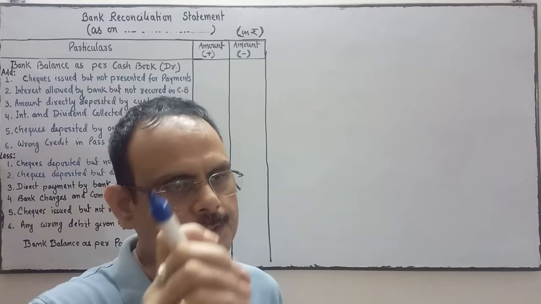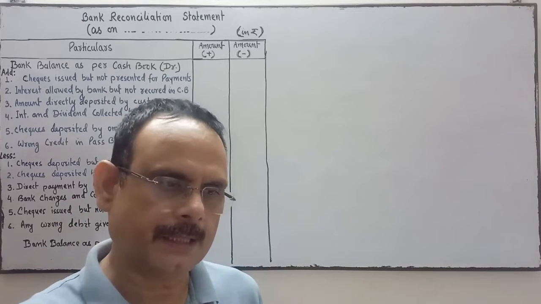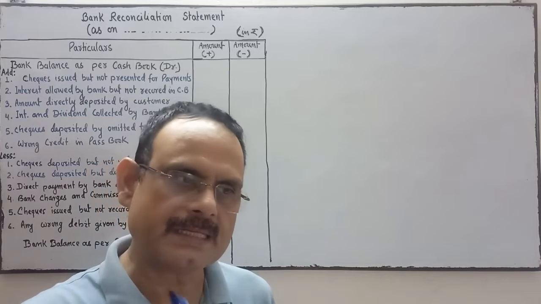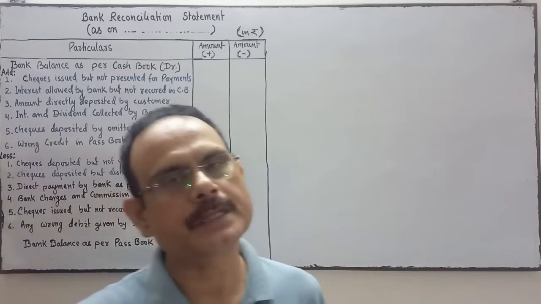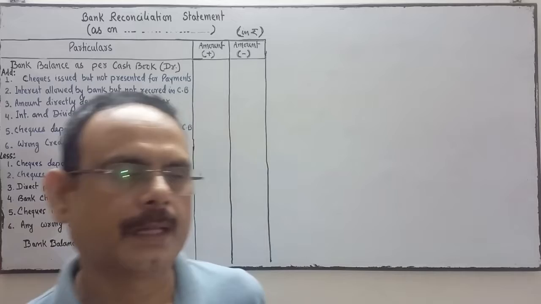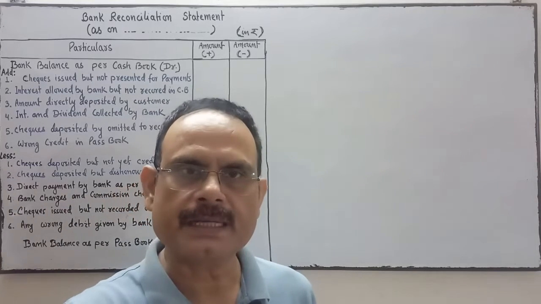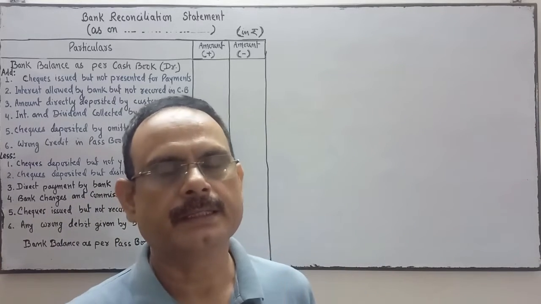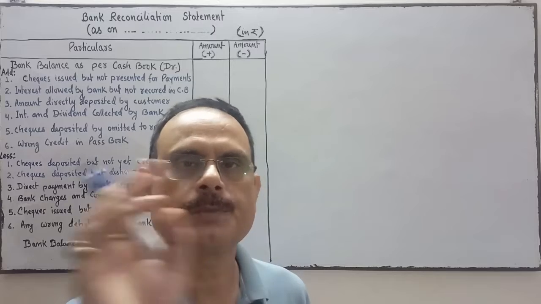We go by the information given in the question. If the bank balance as per cash book is given, then we start with the bank balance as per cash book. And if the bank balance as per passbook is given, then we start with the bank balance as per passbook.